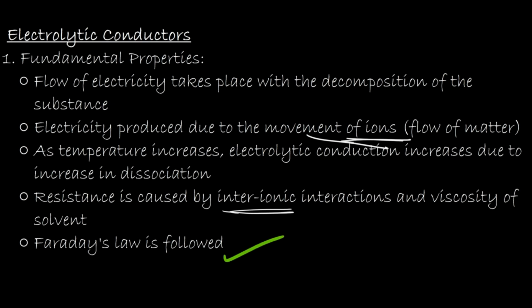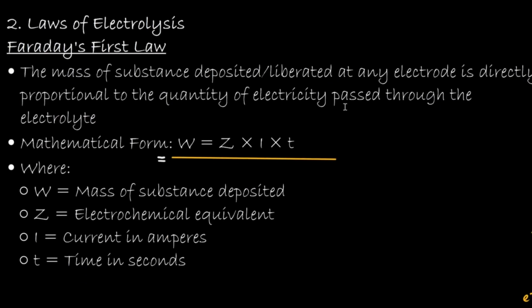Here Faraday's law is followed. Okay, so that is the difference. What is Faraday's law then? Faraday's law is nothing but W equal to Z into I into T. W is how much substance is deposited, Z is electrochemical equivalent, I is the current, and T is time in seconds.